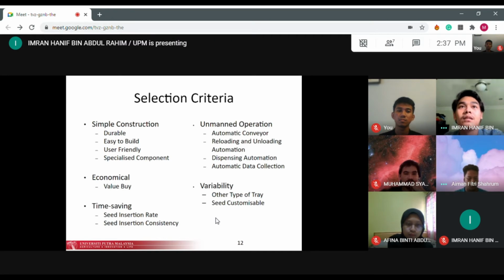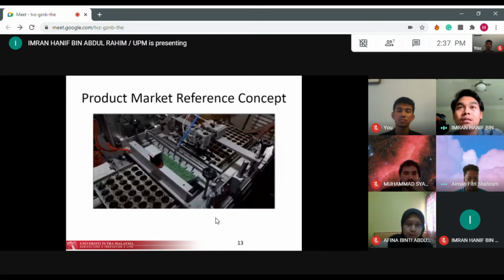When we select the design, we are comparing those five designs with a product market reference concept. This reference uses a single row pneumatic vacuum needle dispenser system integrated with an automatic conveyor, and it is priced at RM 48,000.